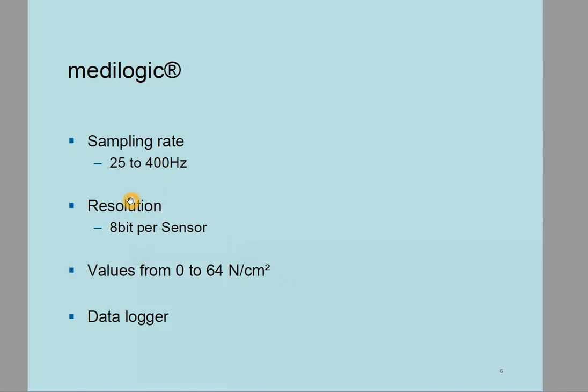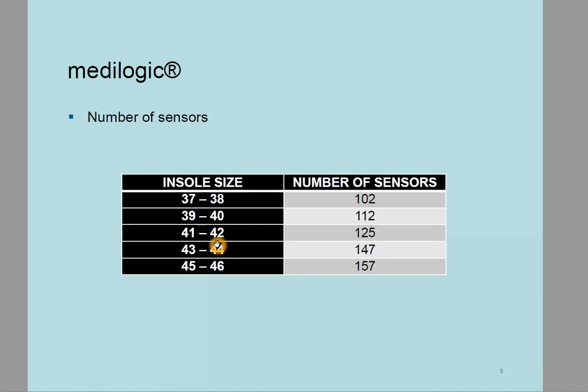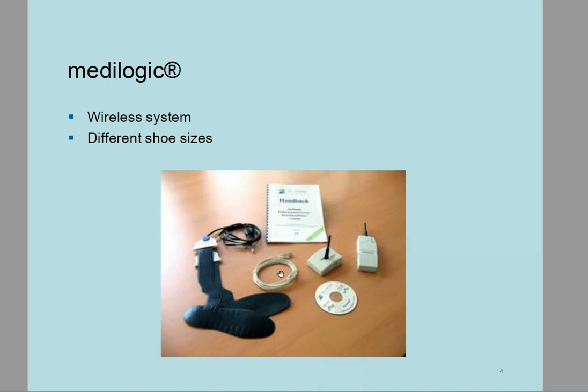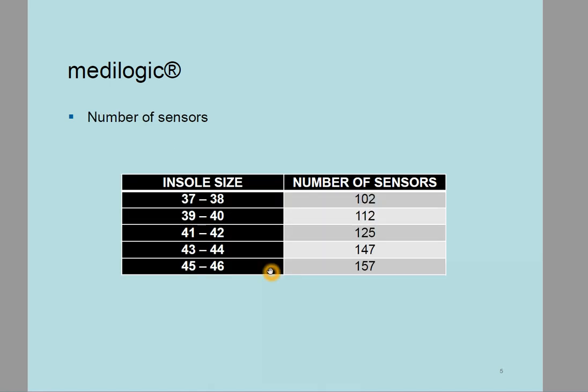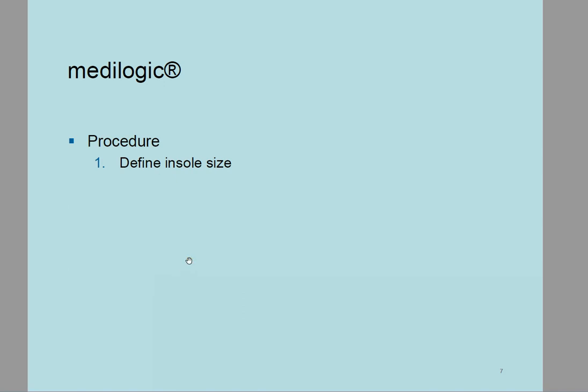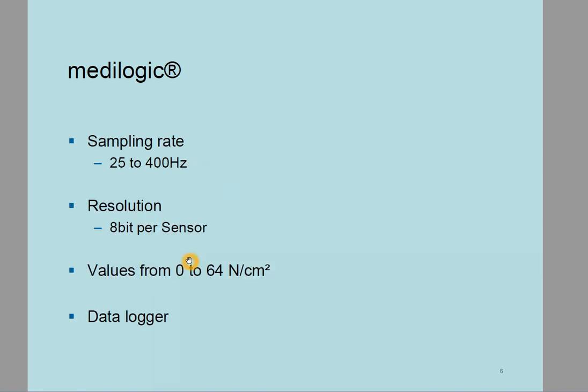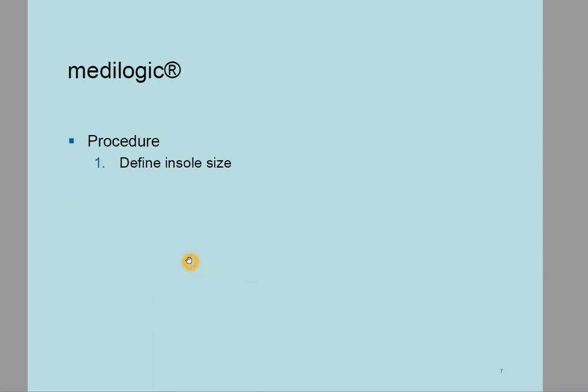And you can use the system in two different modes. You can use it as a data logger or via the sending and receiving unit in the live mode on the PC.